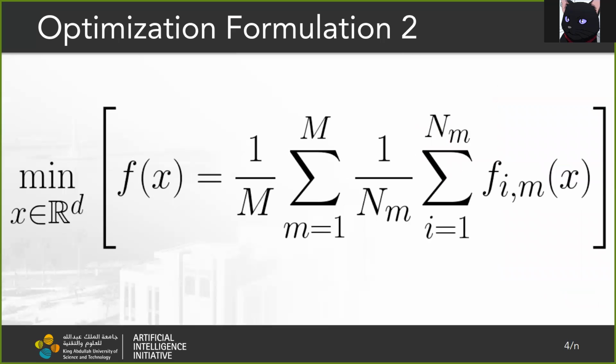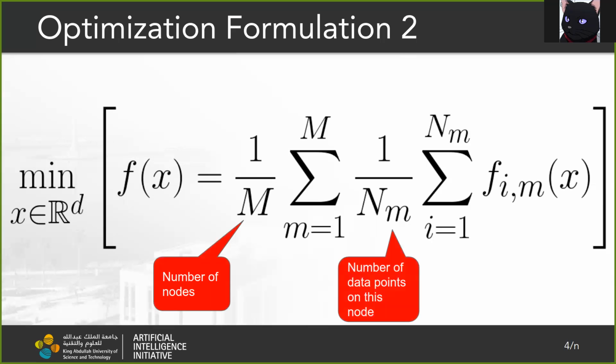So this can be abstracted away as this finite dimensional minimization problem, in which we have a function f that can be written as the average of these functions f_{i,m}. So there are M different nodes. So we have an average over each of these nodes here. So 1 over M, summation as this small m goes from 1 to capital M. And each node has n_m data points.